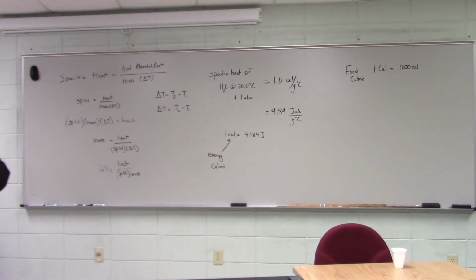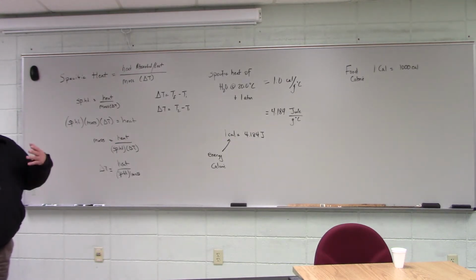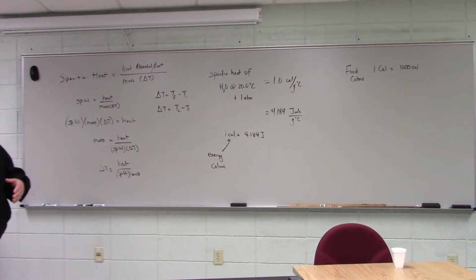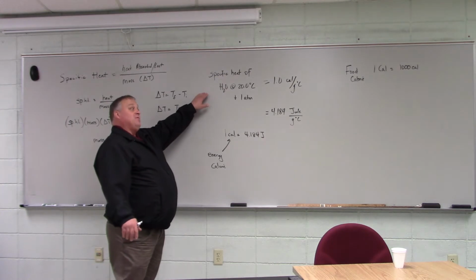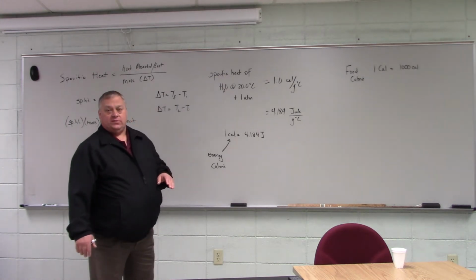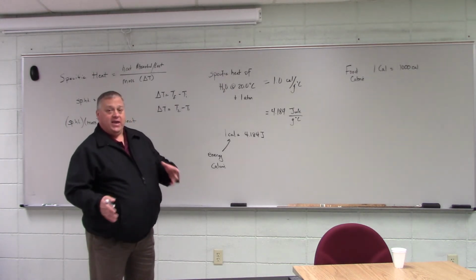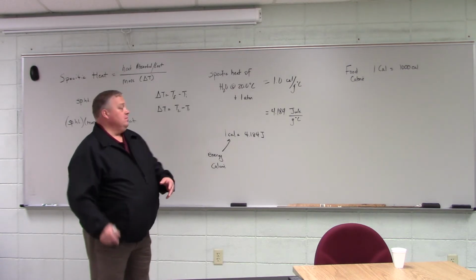That's 200 food calories. So it has 200,000 energy calories, which is the amount of energy that would raise 2,000 grams of water by 1 degree Celsius. So there's a lot of energy in food.